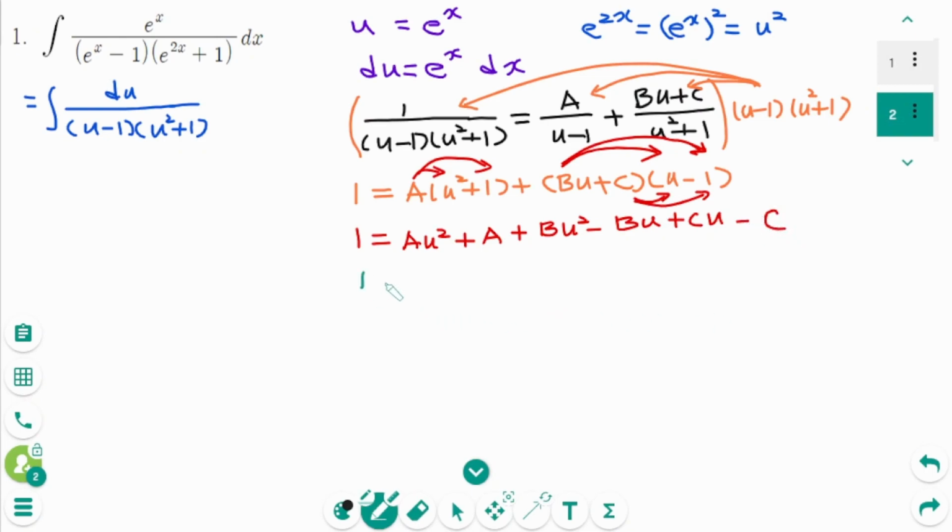Collect the like terms. 1 equals a plus b times u squared, then minus b plus c times u, then finally a minus c.